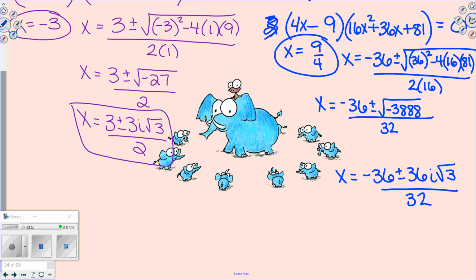I have a negative 36, a 36i radical 3. These first numbers are the same. These other numbers are the same. They both have an i, and it's always a radical 3.